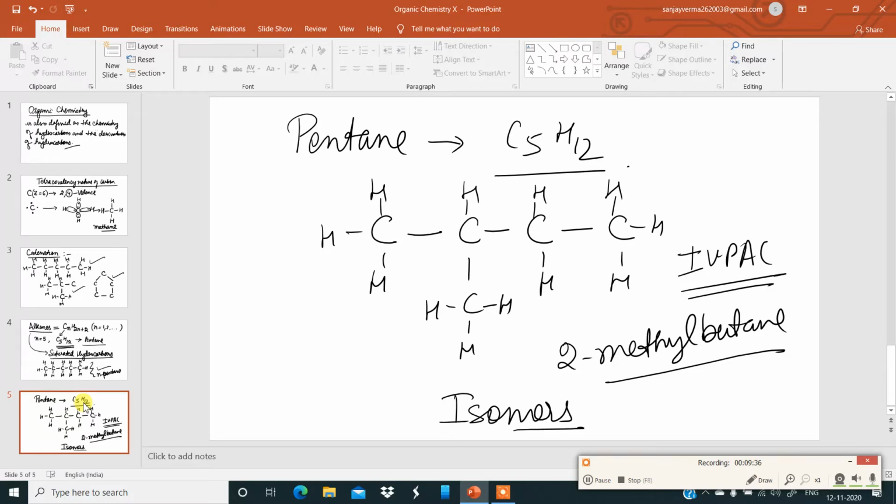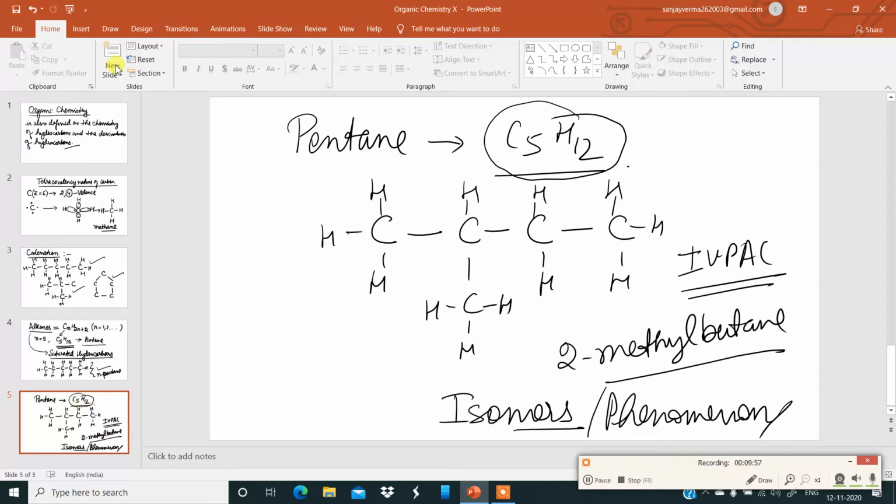Isomerism is a phenomenon in which compounds have the same molecular formula, but their structural formula is different. Okay. Now that is isomerism.